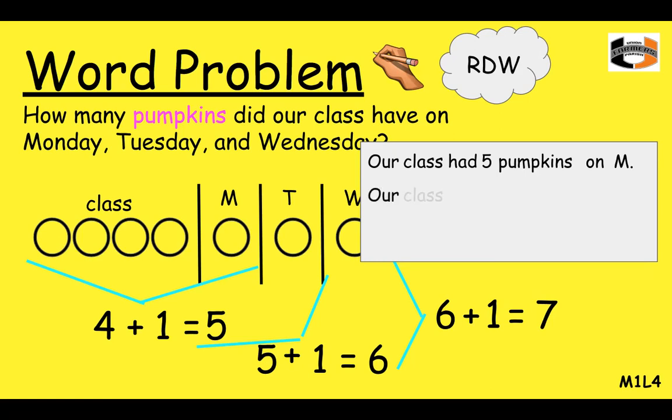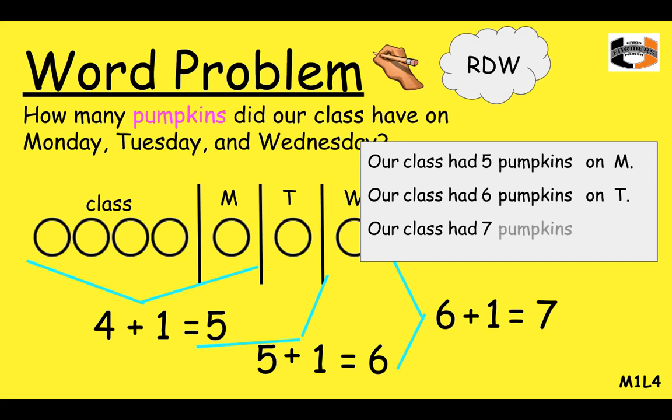Our class had 6 pumpkins on Tuesday. And the final question was, how many pumpkins did our class have on Wednesday? Our class had 7 pumpkins on Wednesday.